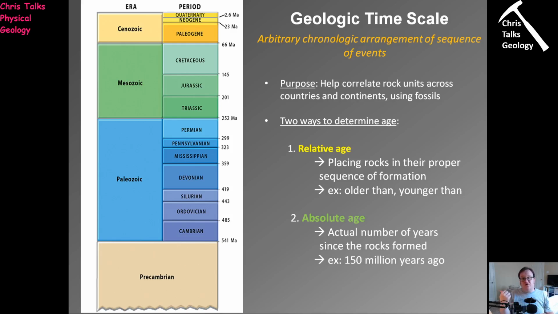Then you can go to central Russia and look at the sequence of rocks there and see, right, no, that fossil isn't in this sequence of rocks. Then all of a sudden it appears. And because that fossil has appeared, you are now at the boundary between the Pennsylvanian and the Permian. So you're transitioning from the Pennsylvanian into the Permian. And so, as you can see, you don't need these numerical values on the right-hand side at all.